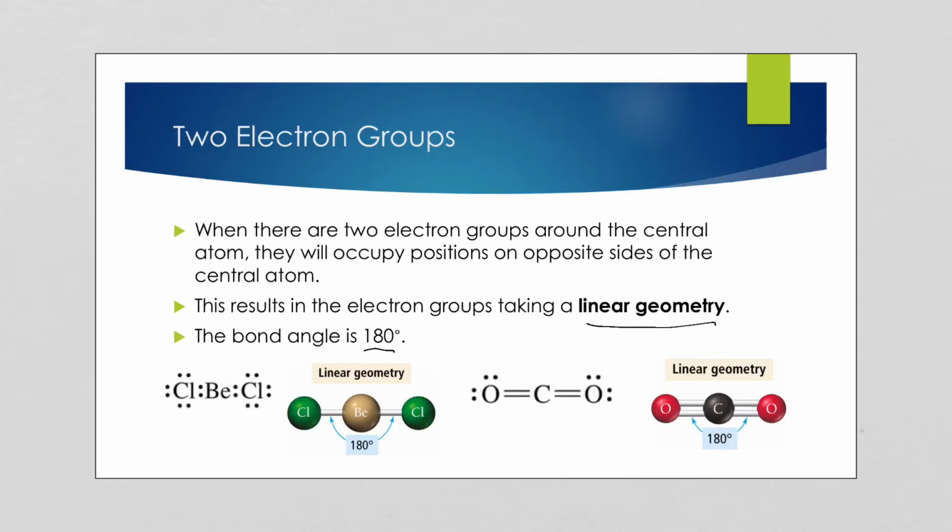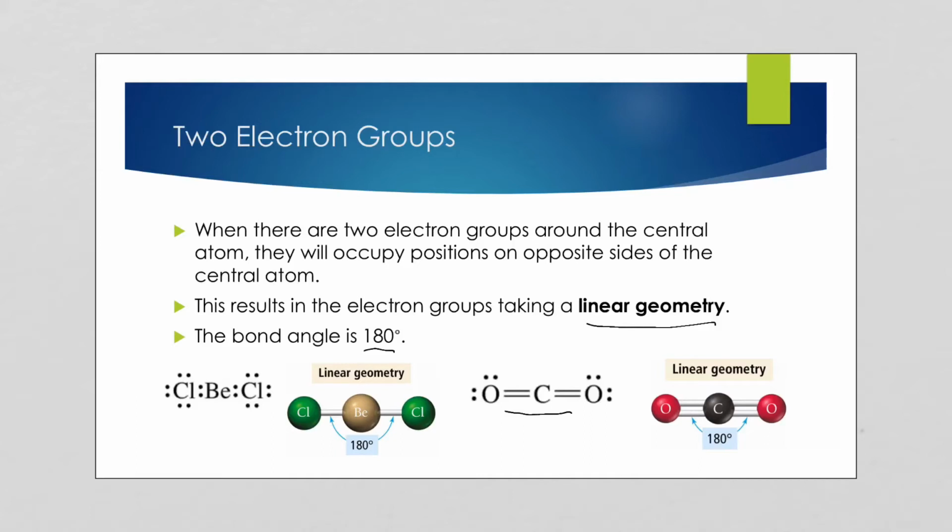More commonly, we see a linear geometry when a central atom makes 2 double bonds, or maybe a triple bond and a single bond, and so it only has 2 electron groups, and those groups arrange themselves again 180 degrees apart from each other, like CO2. Okay? So that's pretty simple. 2 electron groups, linear, 180 degree bond angle.